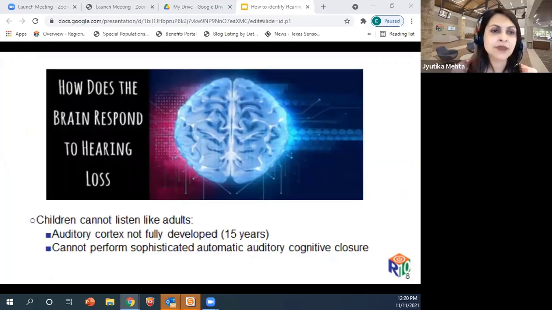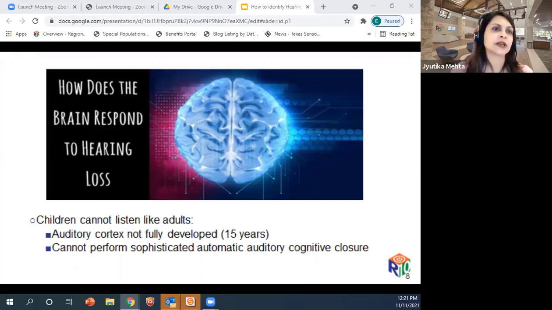So how does the brain respond to hearing loss? Well, one thing we have to explain to the parents is that children don't always listen like adults. If an adult experiences hearing loss, their ability to accommodate for it is very different from that of kiddos, mainly because the adult brain has had a period of typical development.